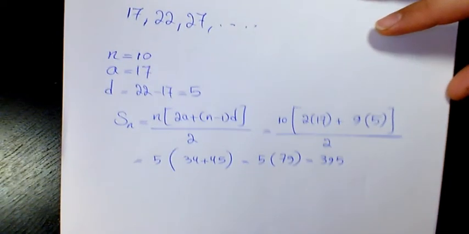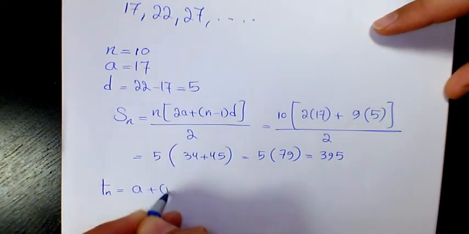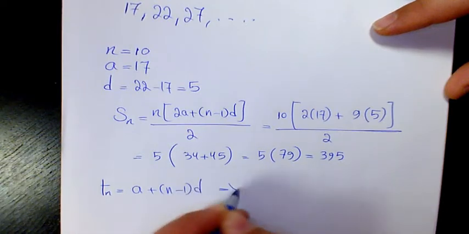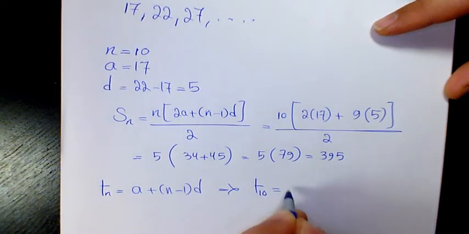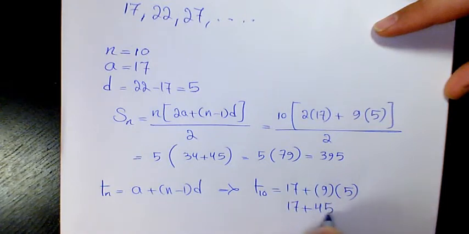Or you can use the second method. You need to find the final term, the 10th term. So T10 is going to be the first term, 17, plus 10 minus 1, 9 times D, which is 5. So 17 plus 45, it is going to be 62.